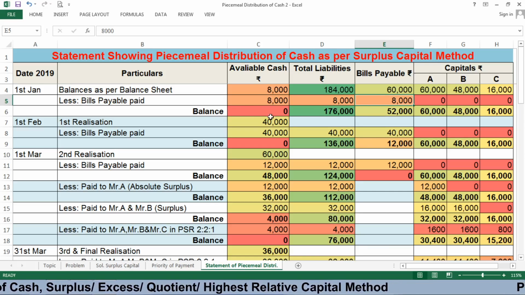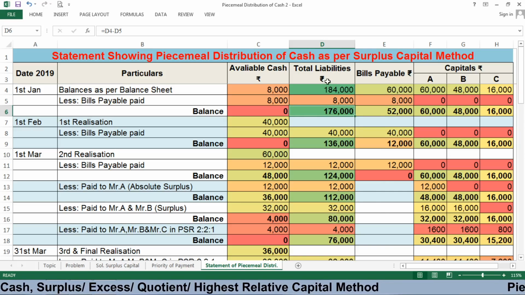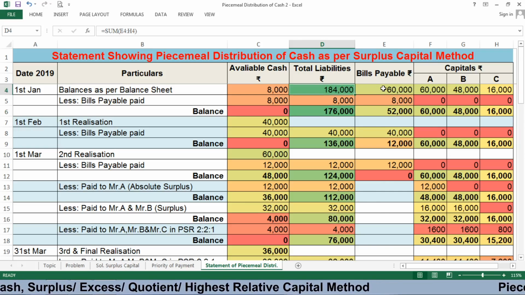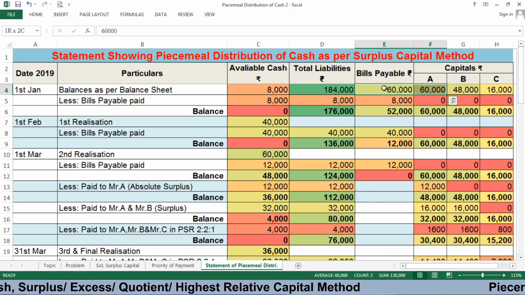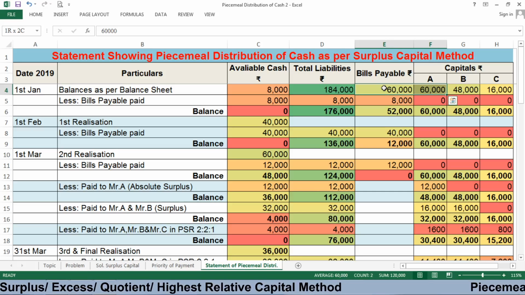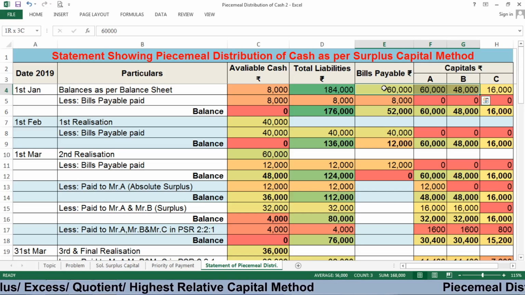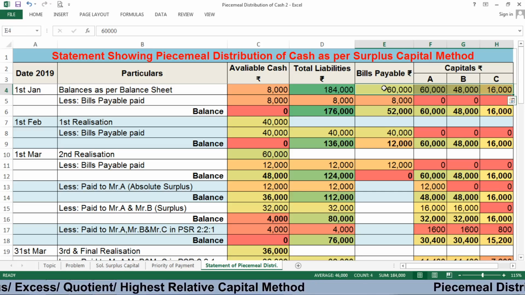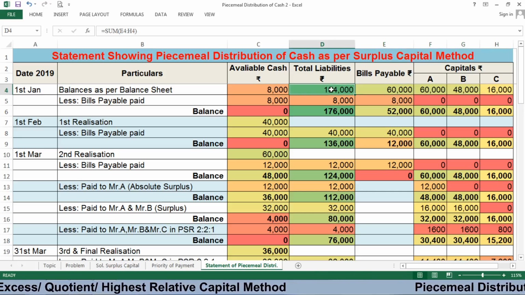After that, your cash will be nil. Total liability means what? Bills payable 60,000 plus capital of Mr. A 60,000, that is 120, plus capital of Mr. B 48,000, it comes to 168, plus C's capital 16,000. So the total will be 1,84,000. That is the total liability.